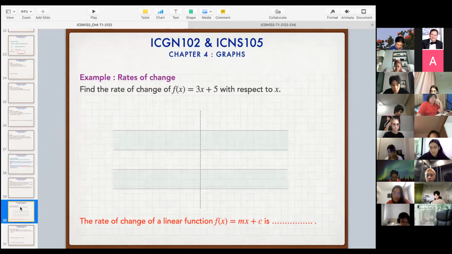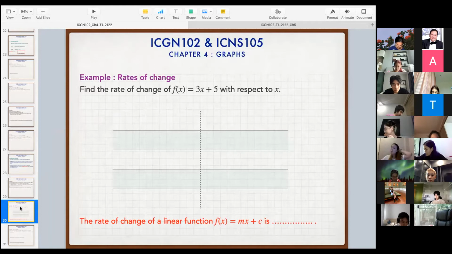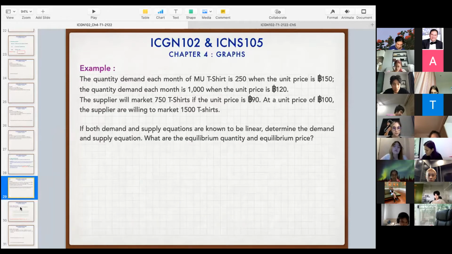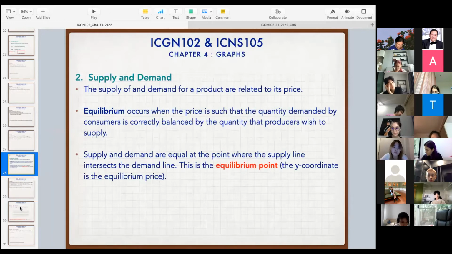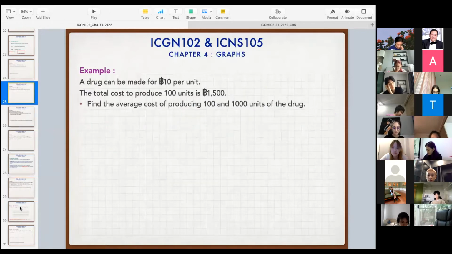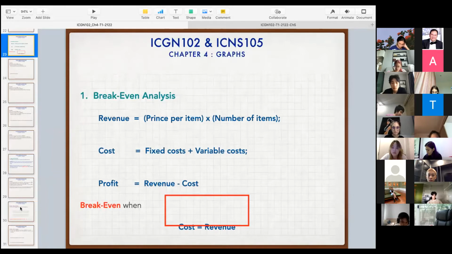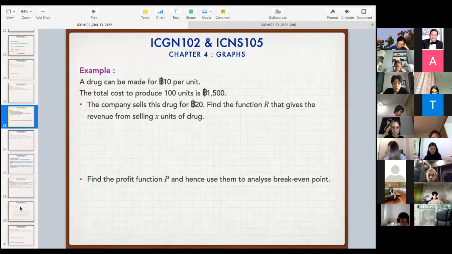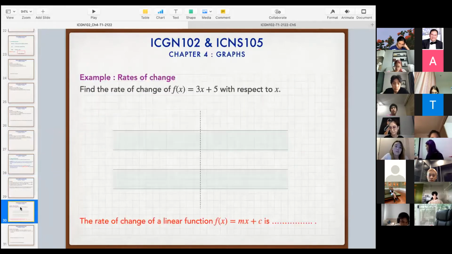Last class we talked about the graph, and how we can use the idea of supply and demand equilibrium in the break-even analysis. The last application that we should know about the graph in this chapter is about the rate of change.